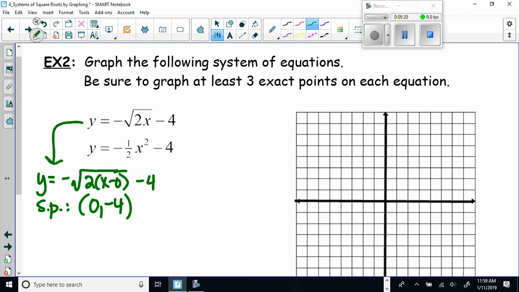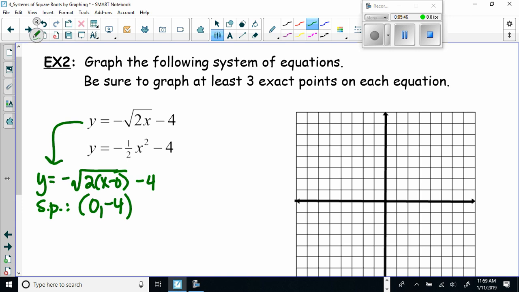Before we go any further, can you tell me what the transformations on the parent function are for this equation? Jonah, tell me what the transformations on the parent function are in order. Yes, horizontal compression.